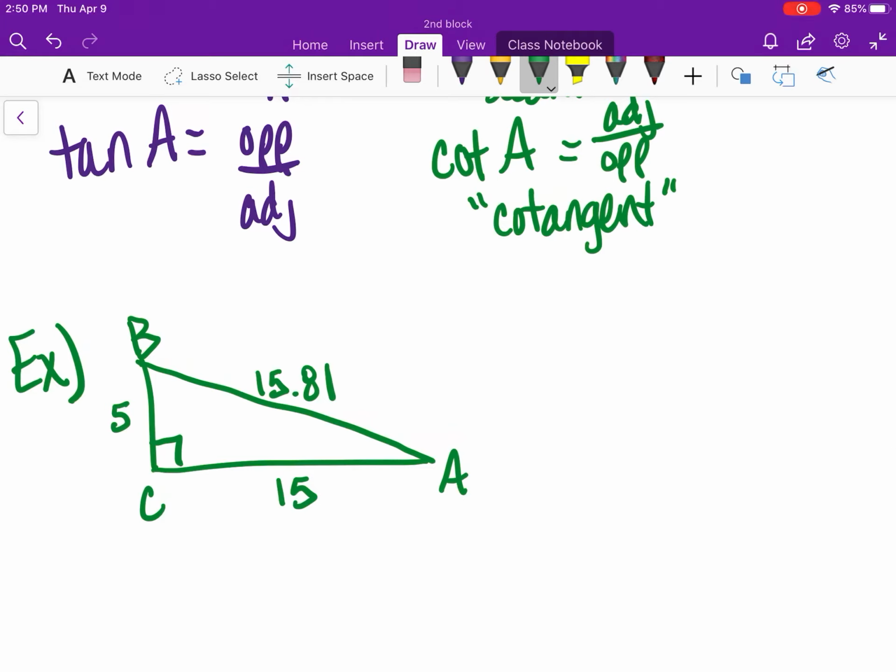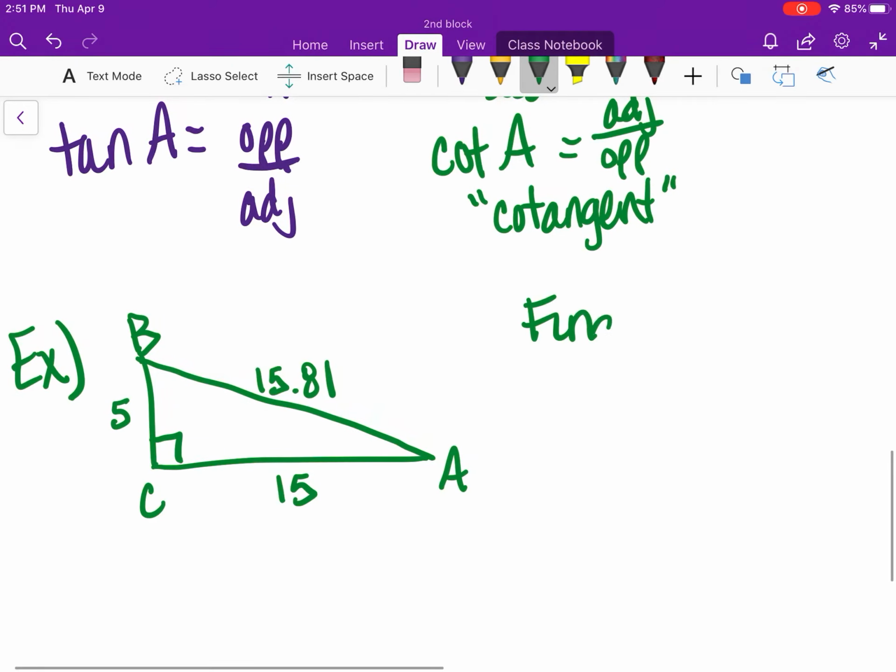Yesterday we found the sine, cosine, and tangent of A, and then the sine, cosine, and tangent of B. Today we're going to find some of those reciprocal identities, and we're going to round to the nearest 10,000th.